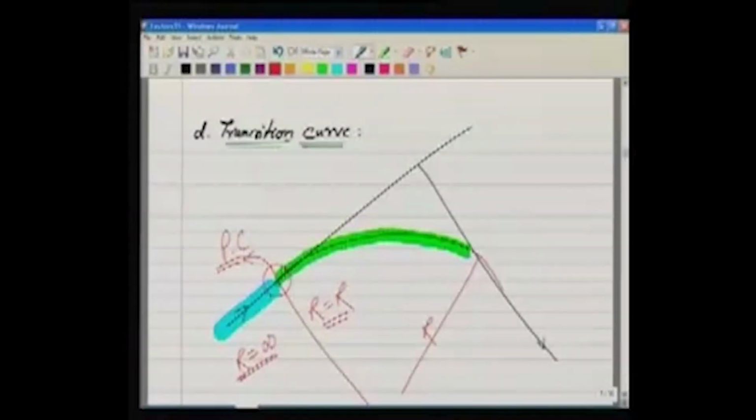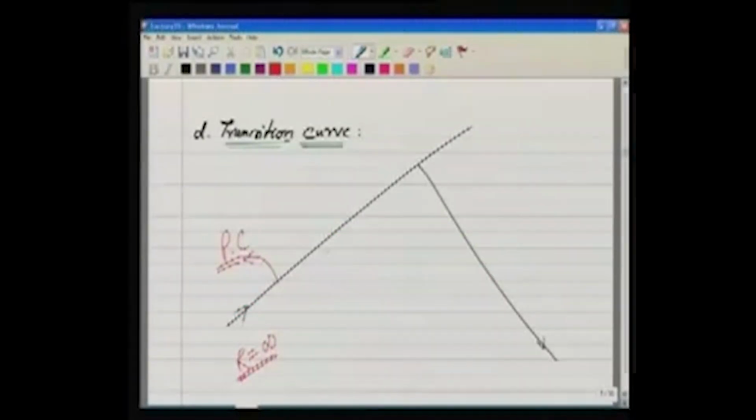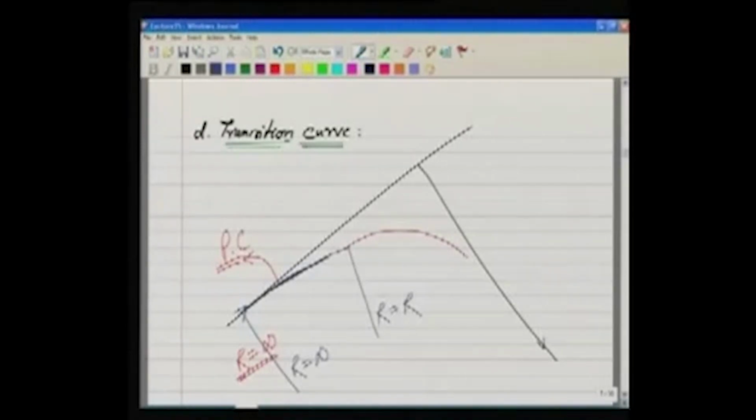Because our idea is we want to provide a circular curve in between, let us do it this way. I provide one extra curve, and this extra curve has a property that at this point its radius is infinite, while at this point the radius of this curve is R. So this curve is changing the radius from infinite to R. Now the change in radius is gradual.